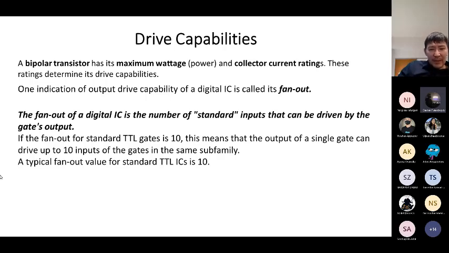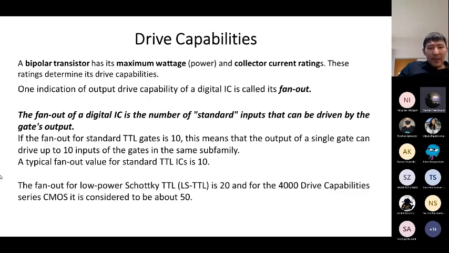In TTL, the average fan out value is about 10. But for CMOS, it's completely different. For example, there is low power Schottky TTL, which we label LS, meaning low power Schottky. Its fan out may be 20. What does it mean?